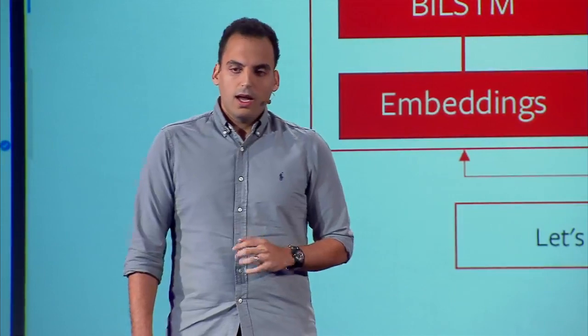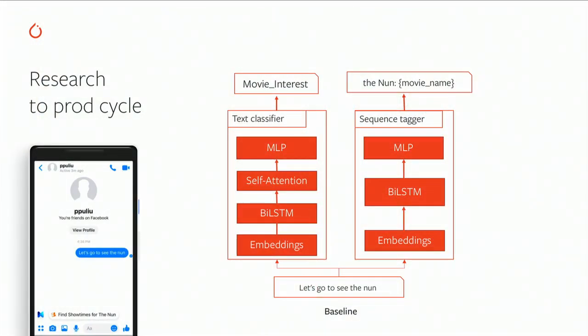Now, let's take an example of a model in M that we want to improve and see how we can use PyText to improve this model. In this particular case, M wants to enable the user to book movies faster.